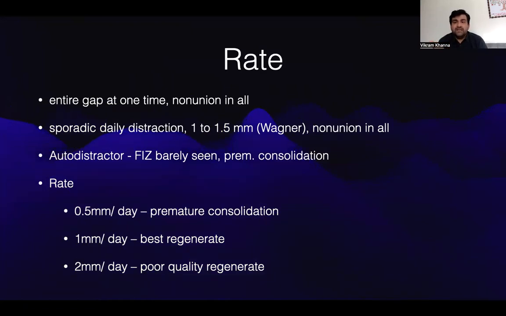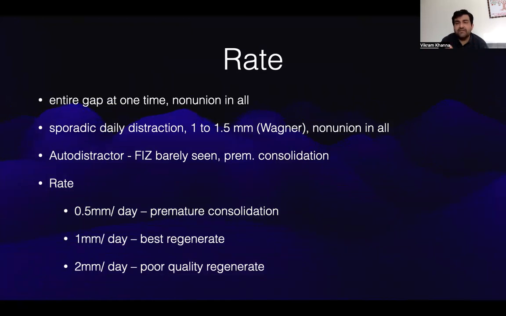Whereas if the regenerate is coming out to be thin, then we need to go slower, because if there is thick regenerate and we continue going slow, that might lead to a premature consolidation. That again varies from patient to patient.